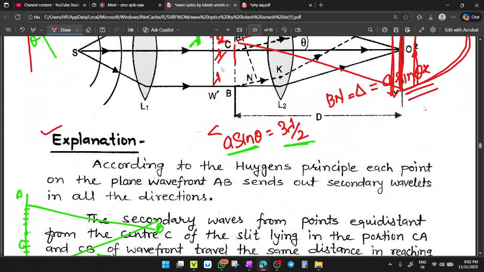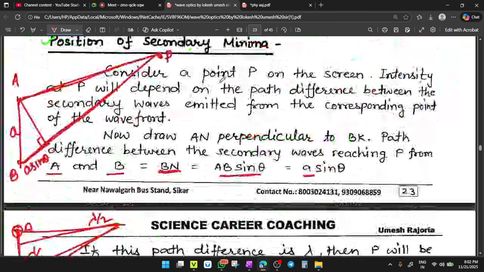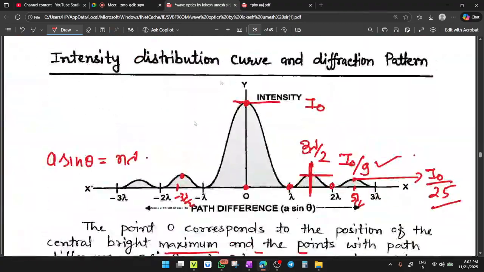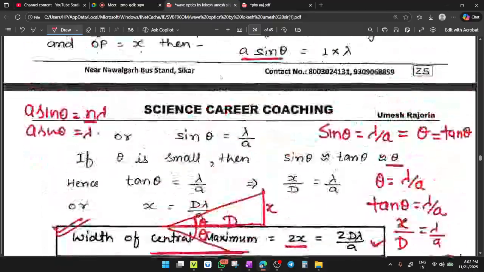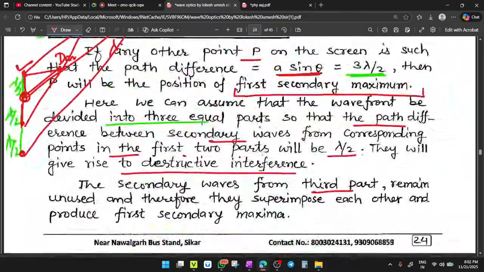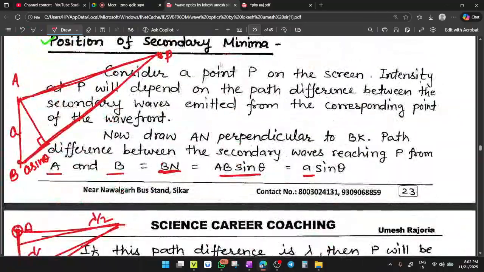By the diagram, this is your 2x and this is your angular width, which is equal to 2 theta. Now angle equals arc upon radius. The radius is equivalent to D. So angle 2 theta equals arc, and arc equals 2x, which we just calculated: 2x equals 2D lambda upon a.